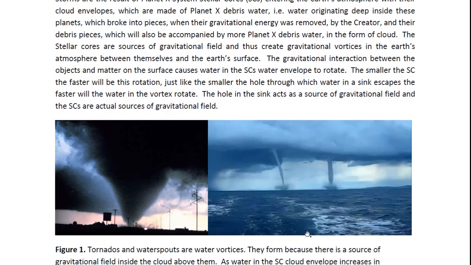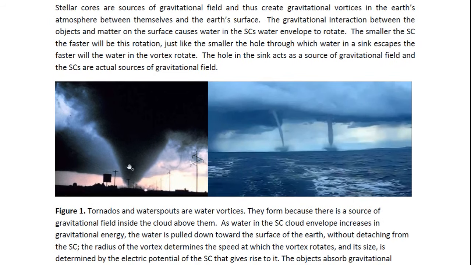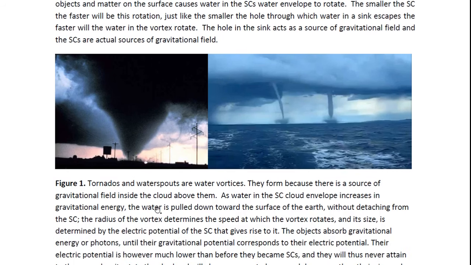sources of gravitational field. And here you see a tornado and some water spouts, and these are water vortices. They form because there is a source of gravitational field inside the cloud above them. So they are stellar cores inside here. As water in the stellar core cloud envelope increases in gravitational energy, the water is pulled down towards the surface of the Earth.